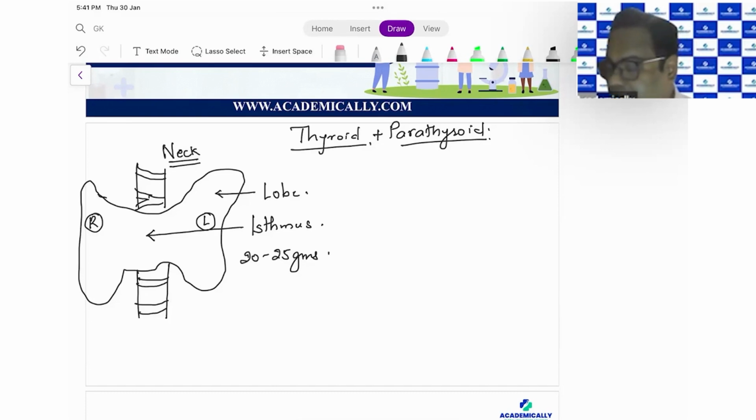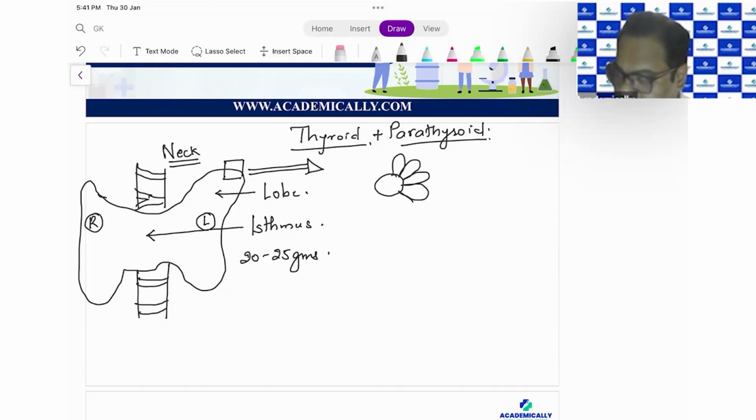Now, if we look microscopically, each unit of this gland is made up of follicles. This is how the follicles are going to be.